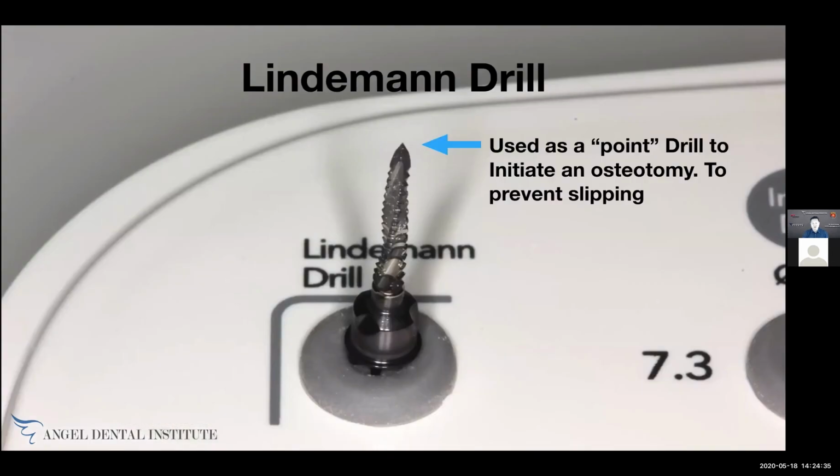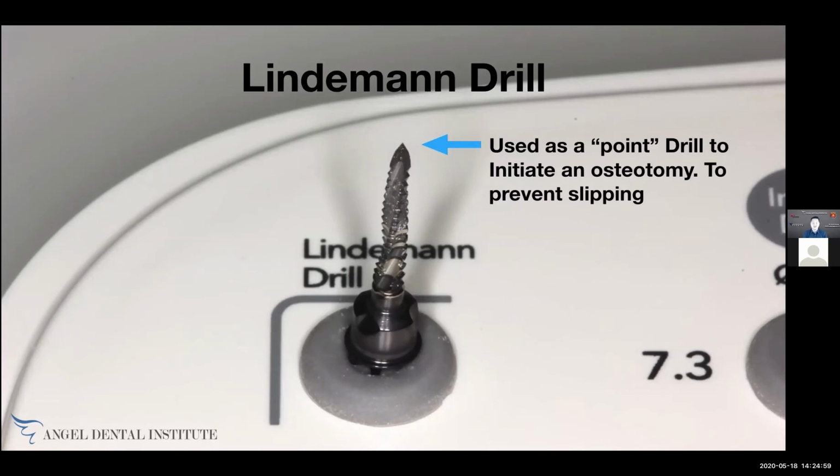The first drill on the upper left corner is called the Lindemann drill, used as a point drill to initiate an osteotomy and prevent slipping, okay? Because it's pointed, you can get a nice start when you're doing an osteotomy. In my lectures, I usually tell my doctors that you don't always have to use this one.